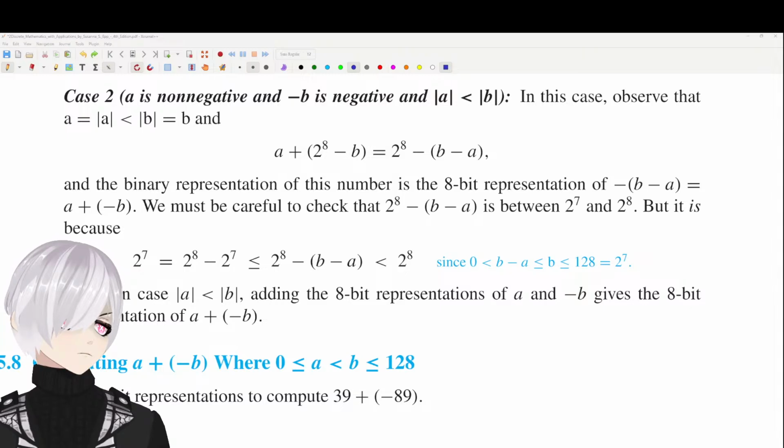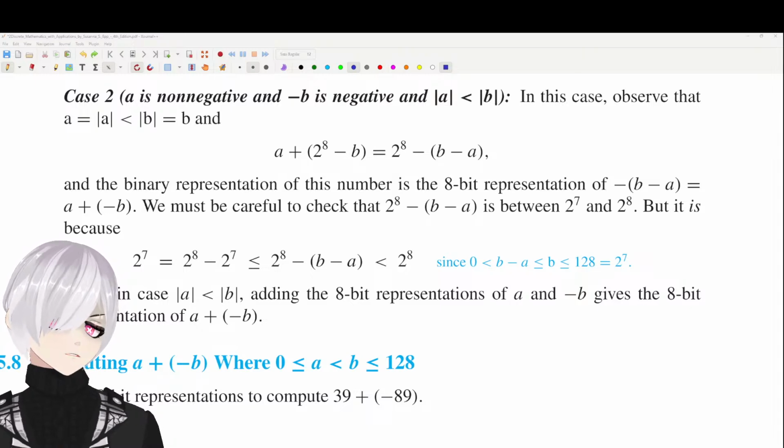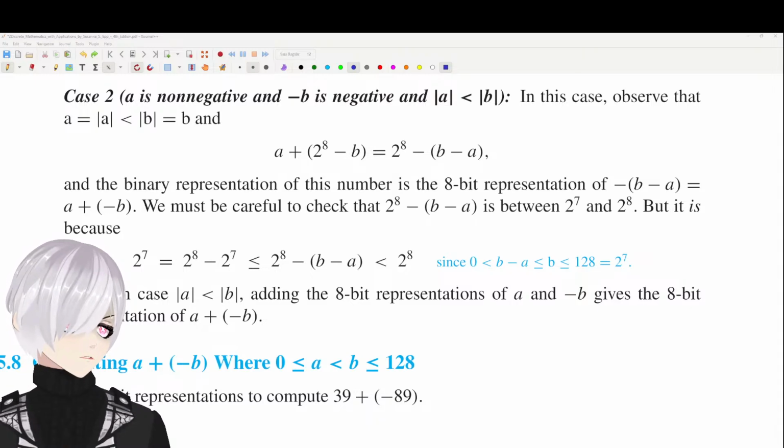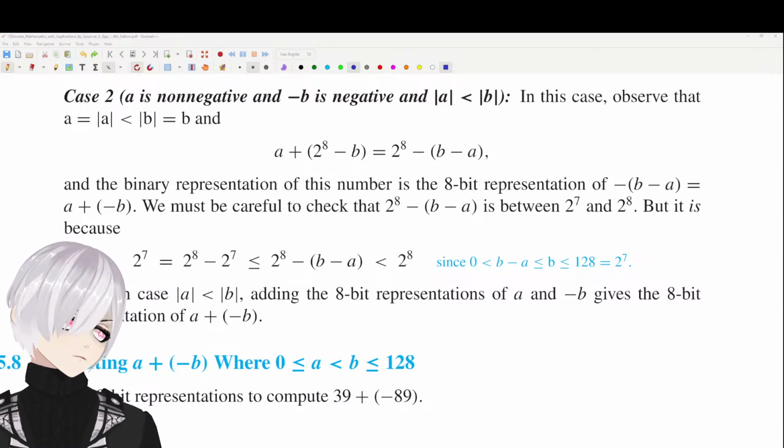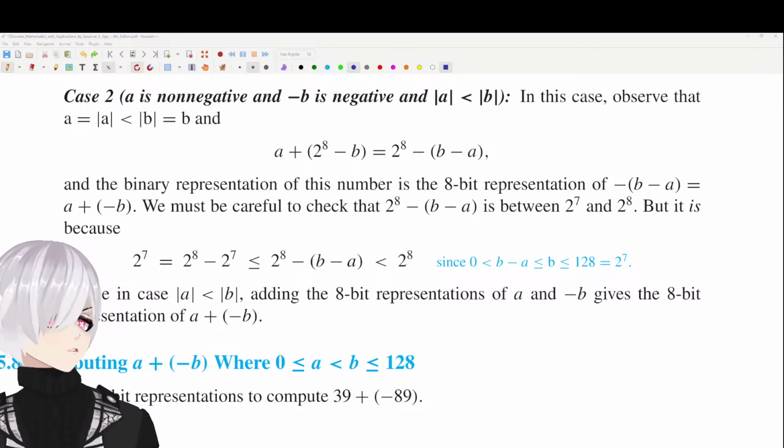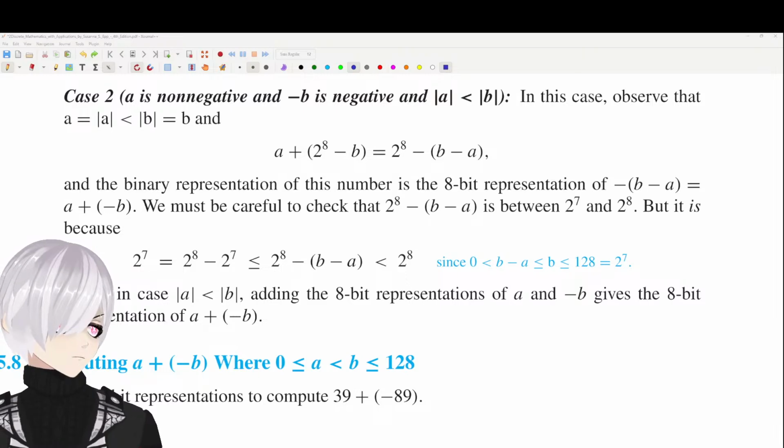So minus b minus a is the same as saying minus b plus a. It's kind of just a rearranging and regrouping of things. So 2 to the 8th minus b minus a, and the binary representation of this number is the 8-bit representation of negative b minus a, which equals a plus negative b, again applying the negative to everything in the parentheses.